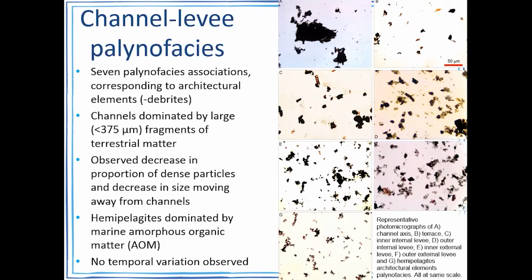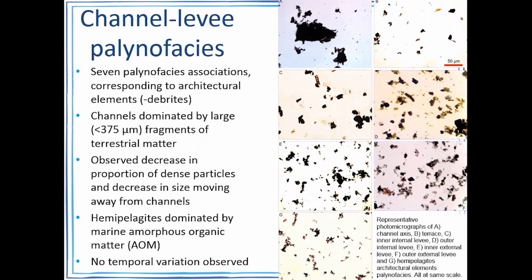And then we see a decrease in particle size and proportion of the terrestrial to marine particles as we move away from the channels into the various overbank type deposits until we're into the hemipelagic deposits that are dominated by the marine amorphous organic matter.